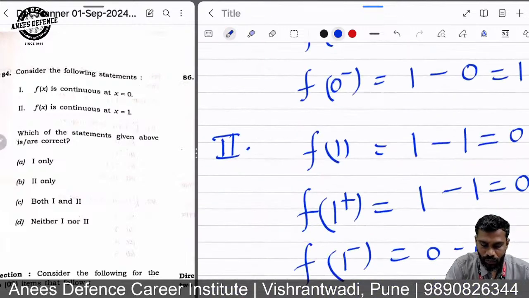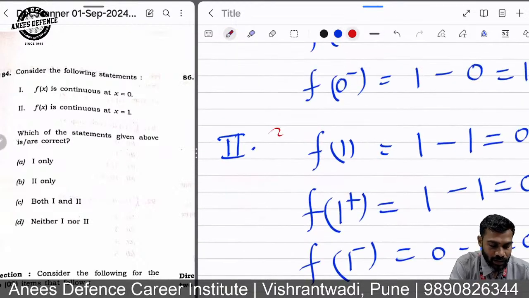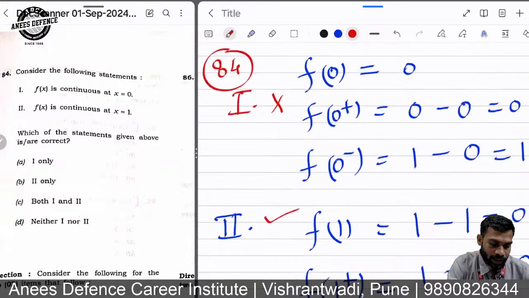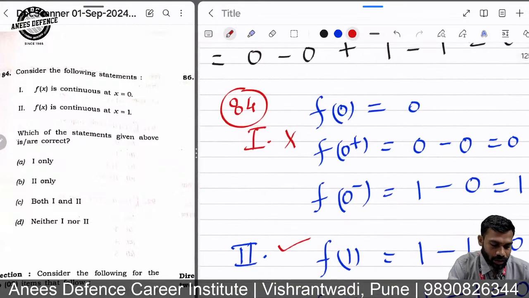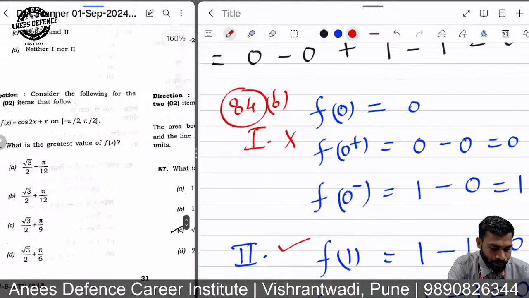Right? So, we are getting all zeros, right? All are equal, LHL, RHL, and the value of the function. So, it means it is continuous. So, the second statement is correct and first statement is false. So, option B will be the right answer. Only 2 is correct. Let us move to the next question.